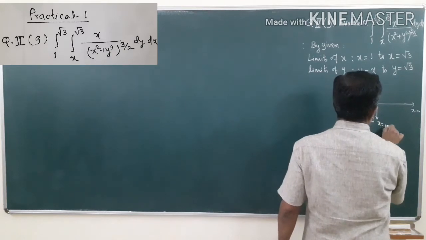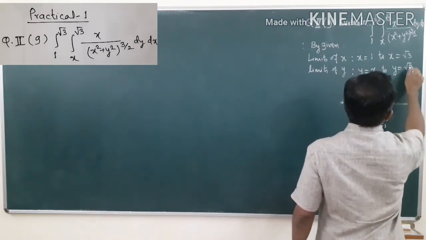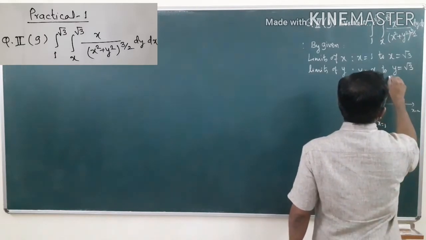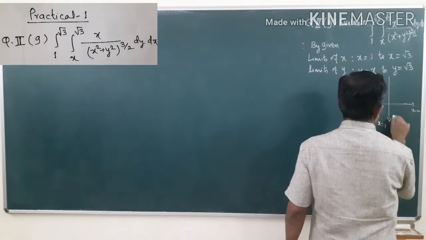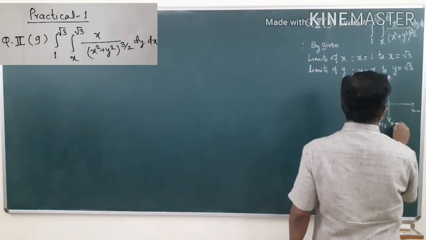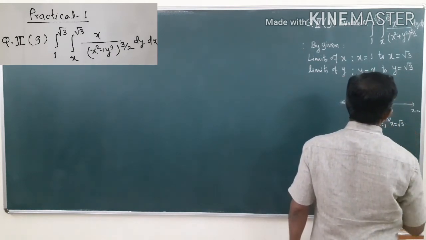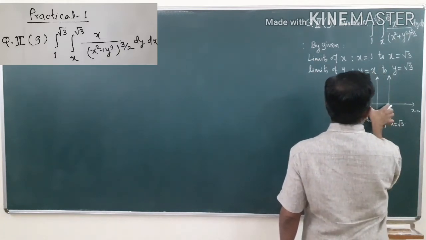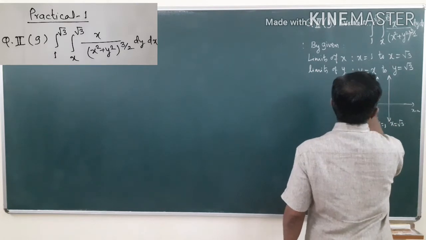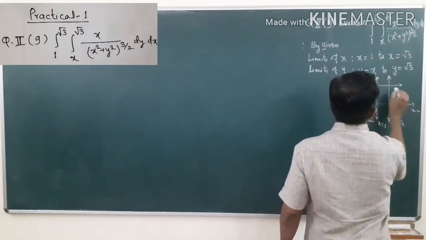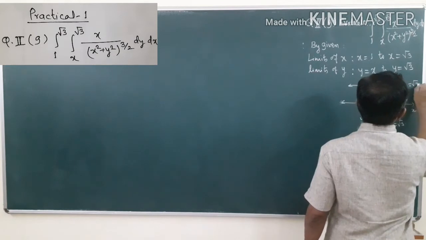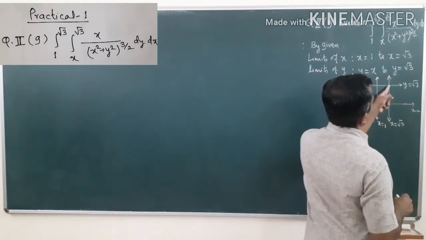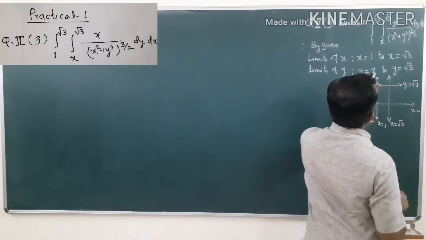So, this is x is equal to 1, then x is equal to root 3. So, root 2 and then root 3. So, suppose here is my line. So, this is x is equal to root 3. Then y is equal to root 3. So, this is y is equal to root 3. So, see this is x is equal to root 3 and this point is root 3, root 3. Now, we have to draw the line y is equal to x.